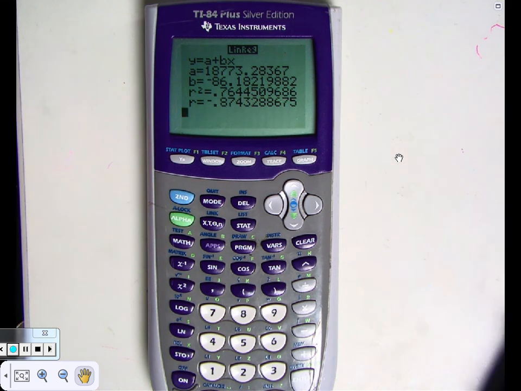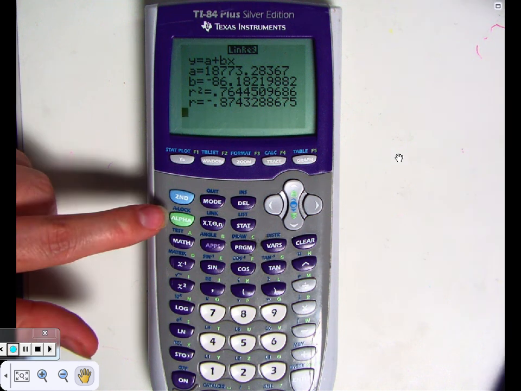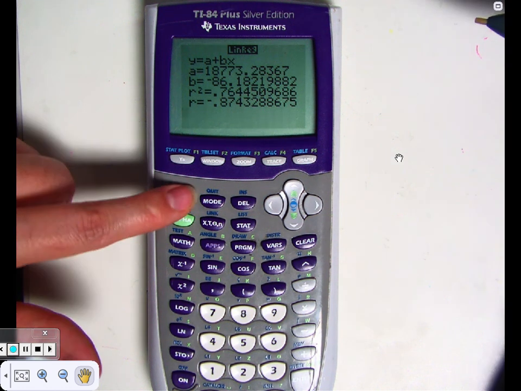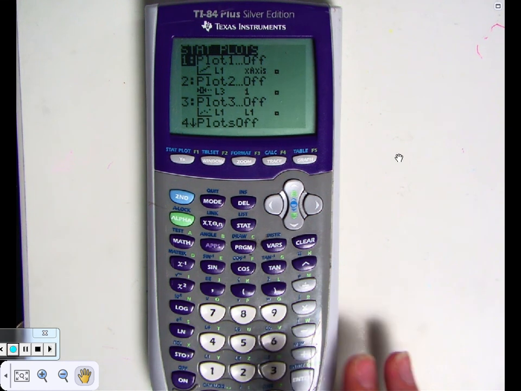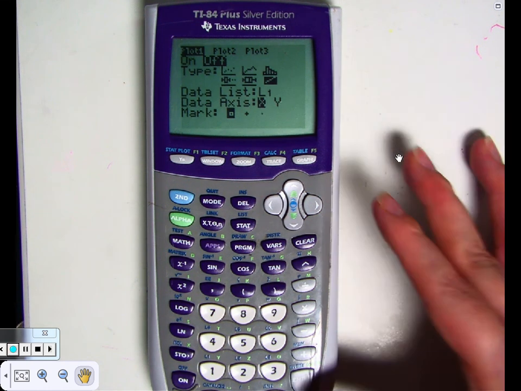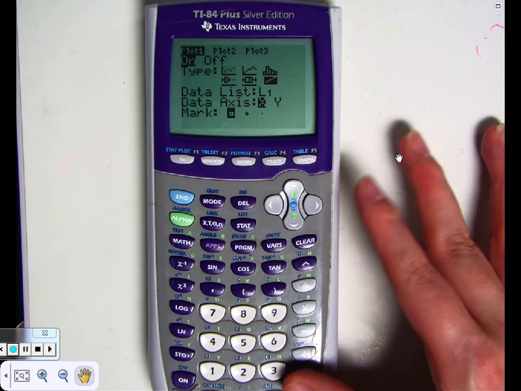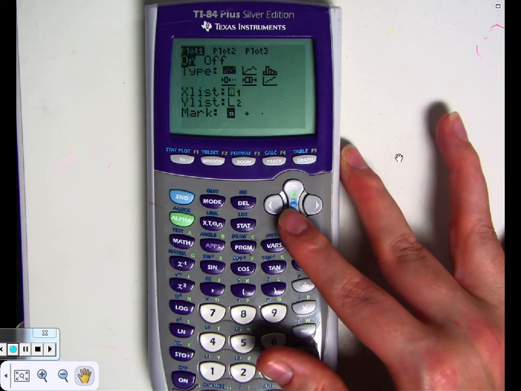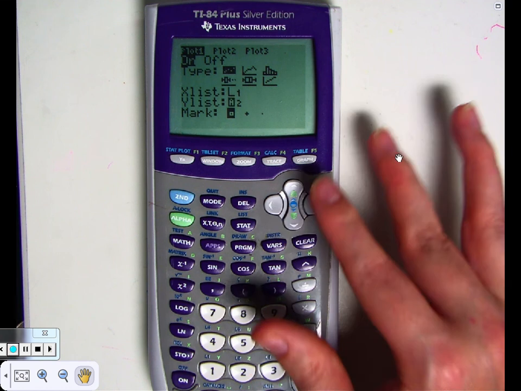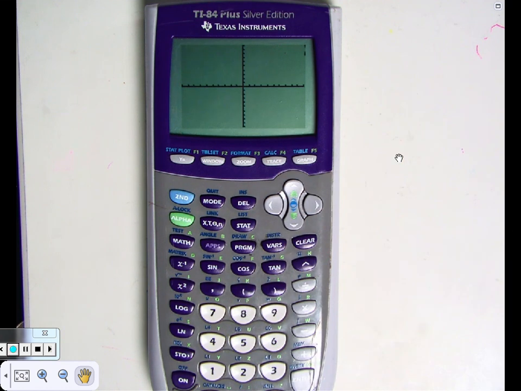So how would I actually graph the scatter plot? In my stat plot, I go second, stat plot. I go into the first one, I turn it on, and the very first graph is a scatter plot. Here's my X, my L1, my Y, my L2, and I can graph. Now I don't see any of my information, of course, because my numbers for Y are really high.